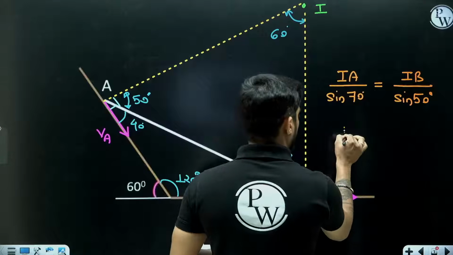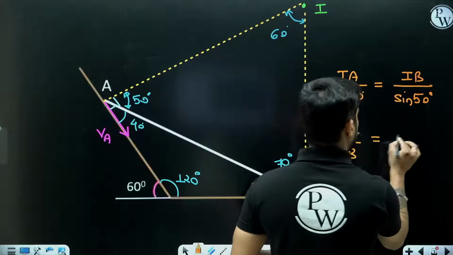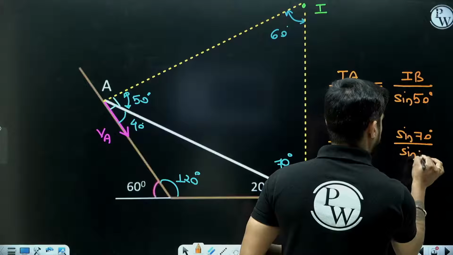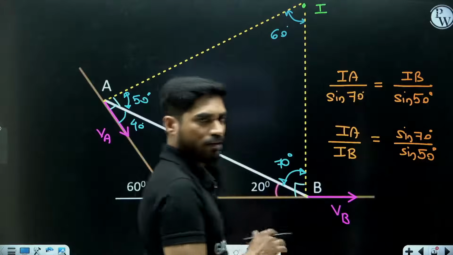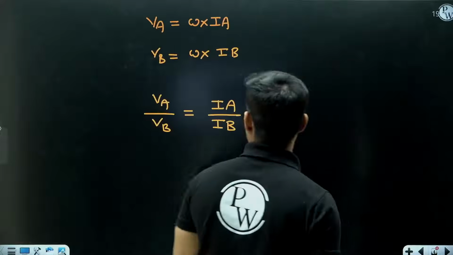Okay, so IA divided by IB is equal to sine 70 by sine 50. So this is the sine rule. So from here we got IA by IB.